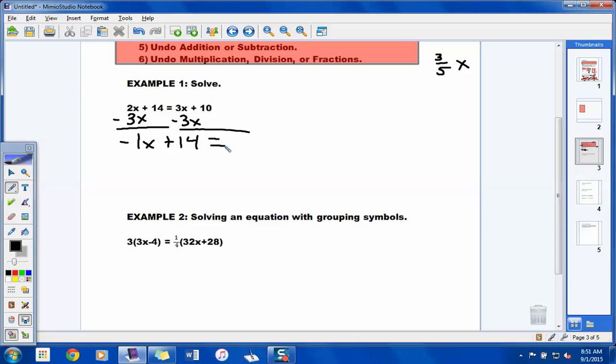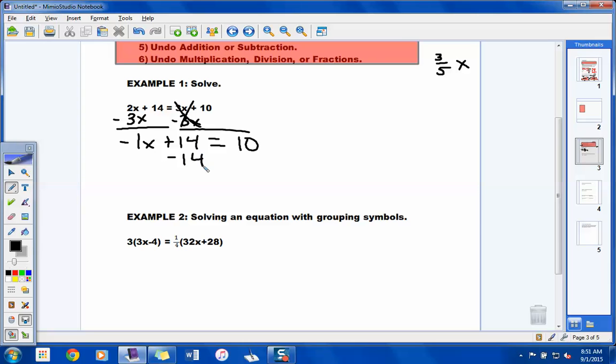On the right side, my 3x's are going to get dumped out of there. And what are you going to have on the right side? Okay. I went from an equation with variables on both sides to an equation with variables just on one side, the left in this case. That's okay, isn't it? We know how to solve those, so run me through this quickly. Next step.